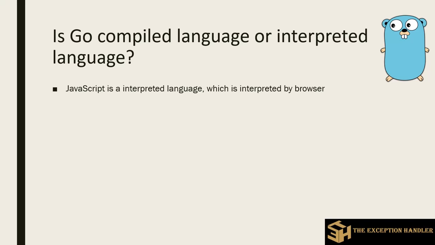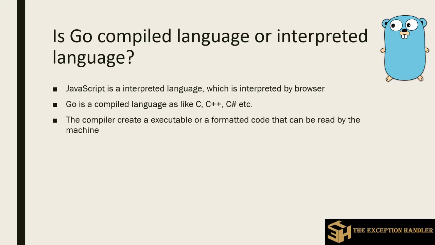On the contrary, anything that you write in Go will be compiled first and then executed. So Go is similar to C, C++, Java, or any other language that has a compiler of its own. Any code that is compiled using the Go compiler will create an executable, and that executable is machine specific.